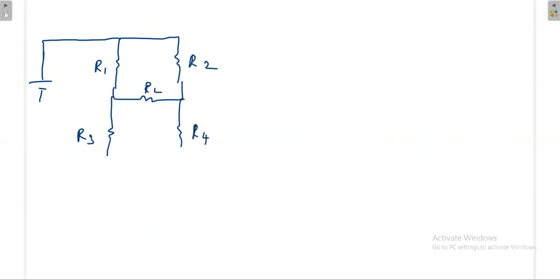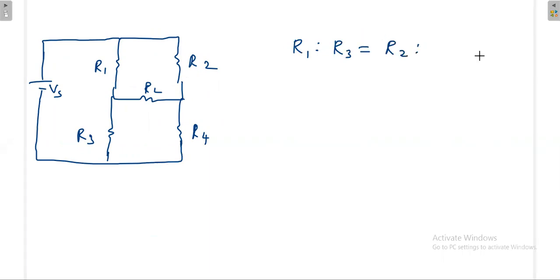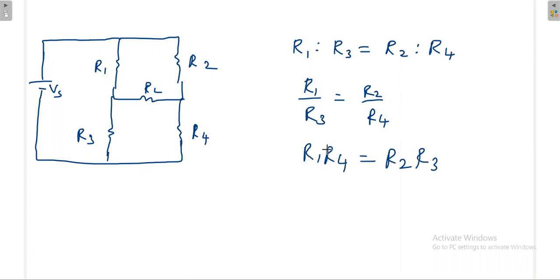So when the circuit is given like this with some voltage source, what we have understood is the ratio of R1 to R3 is equal to the ratio of R2 divided by R4, the ratio, not the values. So if R1 divided by R3 is equal to R2 divided by R4, that means R1 R4 is equal to R2 R3, that you have studied as the bridge condition.